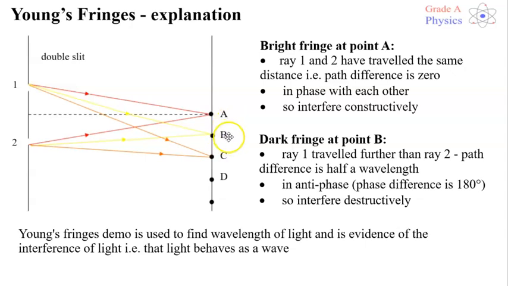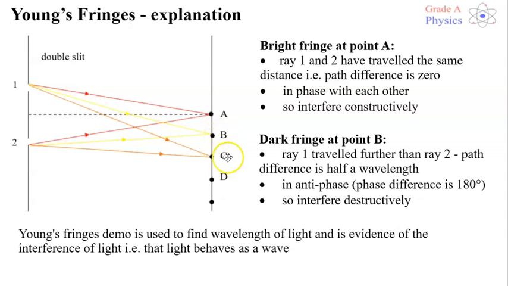Just to the side of that we get a dark fringe. We can see that the ray from slit 1 has traveled slightly further than the ray from slit 2. The path difference here is half a wavelength, so they meet in antiphase, or 180 degrees phase difference. So we get destructive interference and we cancel out the light, so we get a dark fringe, an absence of light.